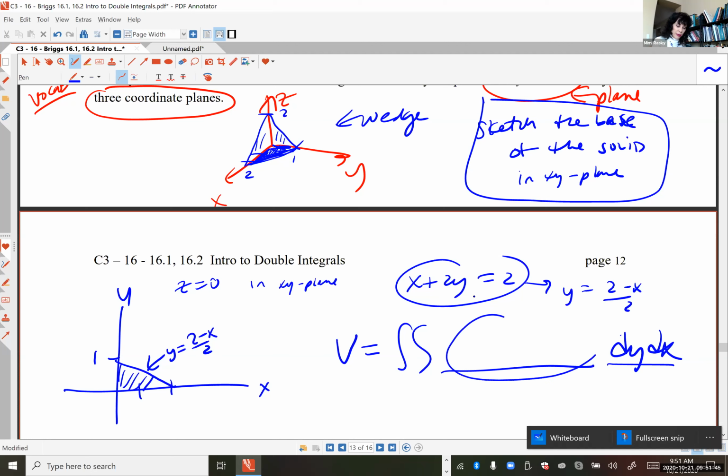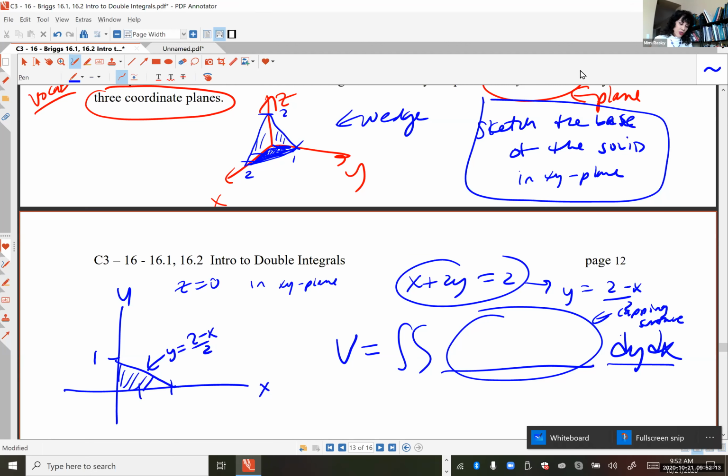You want to put your capping surface in the integrand. It's not going to be a 1. I already told you what the double integral represents if you use a 1 for an integrand. Does anybody remember from last week what a double integral represents if the integrand is a 1? Area. Area between two curves. Remember that? That could be a good true-false question, right?